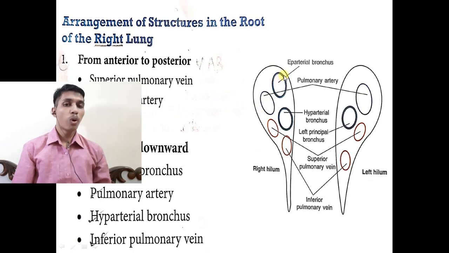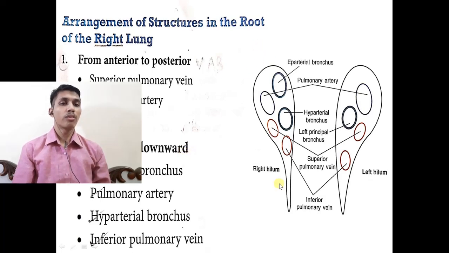Then is the bronchus. There are basically two: one is the eparterial bronchus and one is the hyparterial bronchus. The name is given as per the position: the bronchus present epi, or above, the pulmonary artery is the eparterial bronchus, and the bronchus present hypo, or below, the pulmonary artery is the hyparterial bronchus.